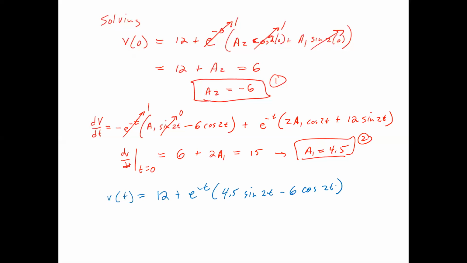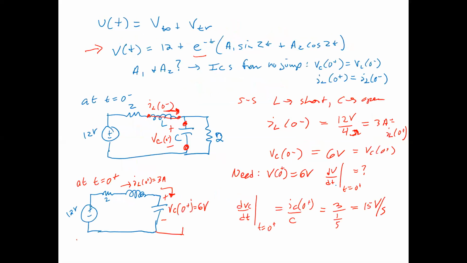Where did the 15 come from? That was this 15 right here. So this is our second boundary condition, and this was our first boundary condition. We're basically matching things up so that A1 and A2 make those things true in our solution.